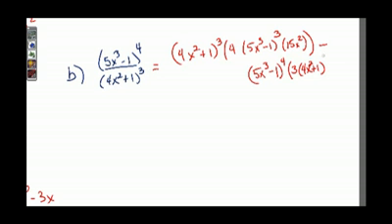Again, rewrite the inside without changing it first, then multiply by the derivative of the inside, and all that's over the bottom squared.